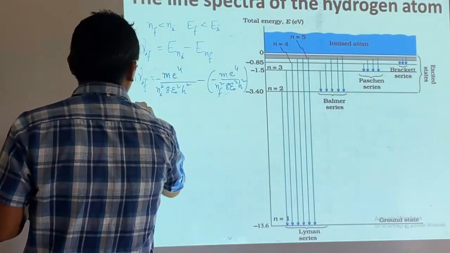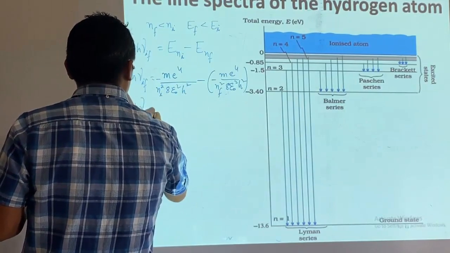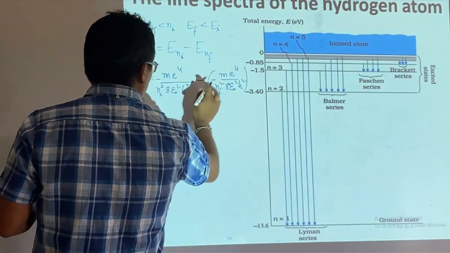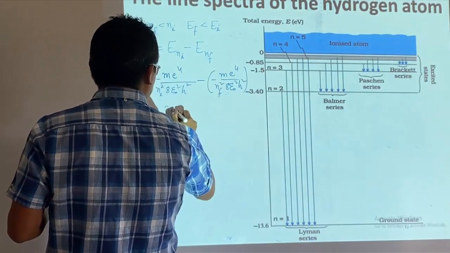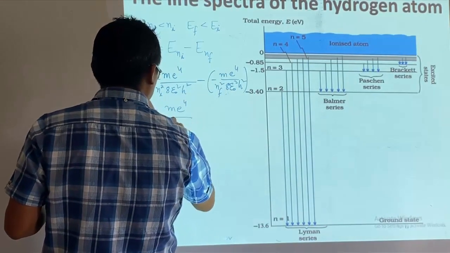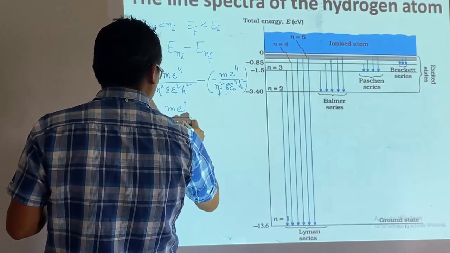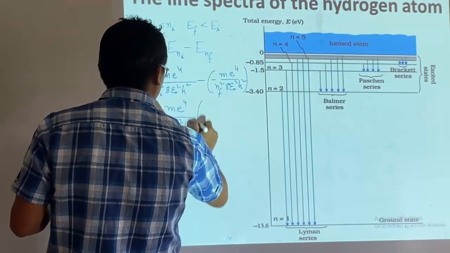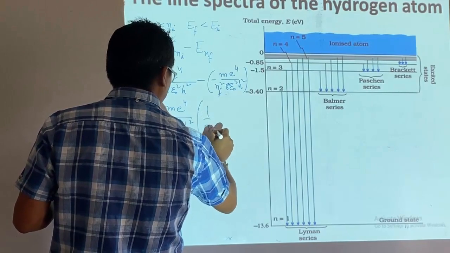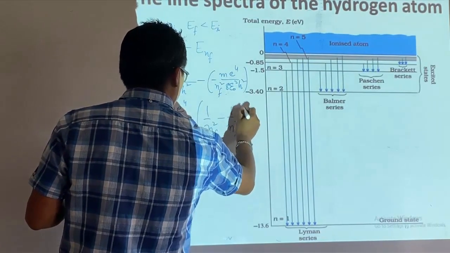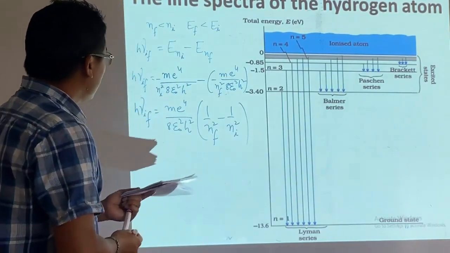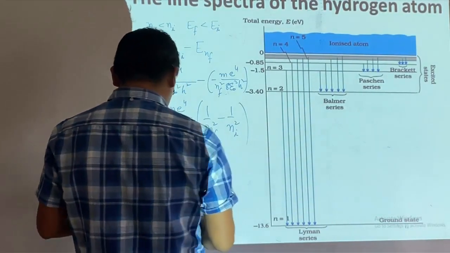Now I substitute the value. Minus into minus is plus, and all others are constants, the same. So 8 epsilon naught squared h squared, 1 by n_f squared minus 1 by n_i squared. This is what we have done, right?